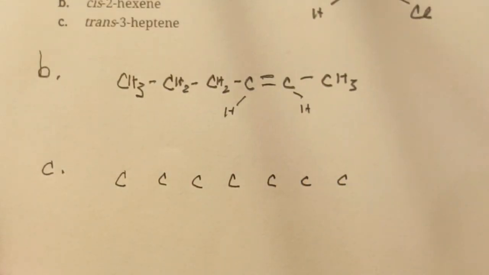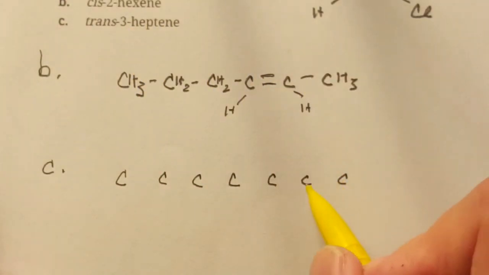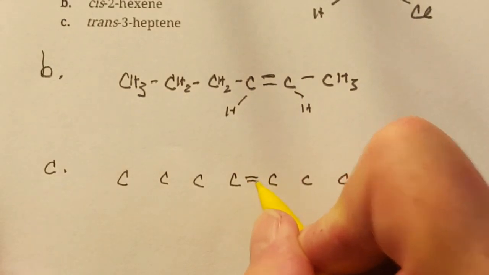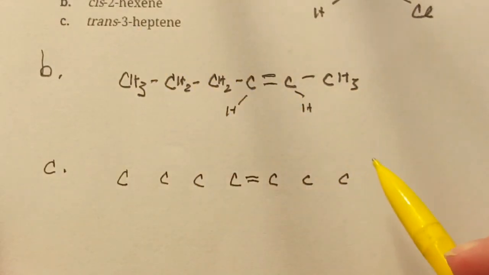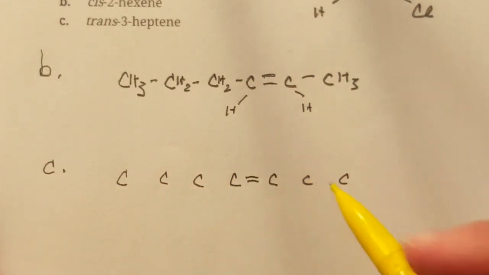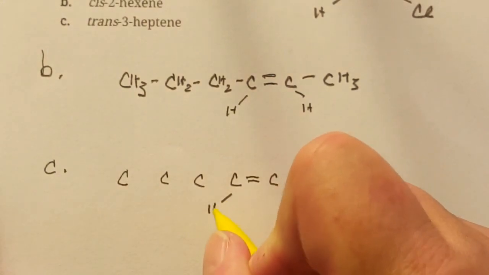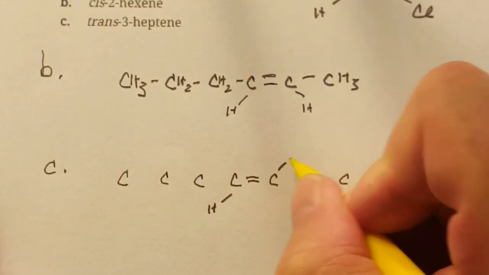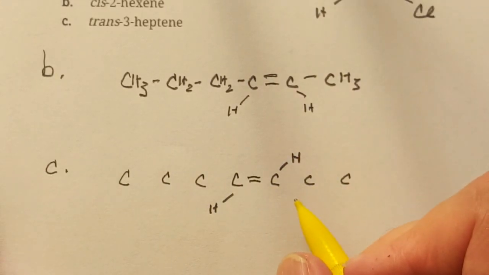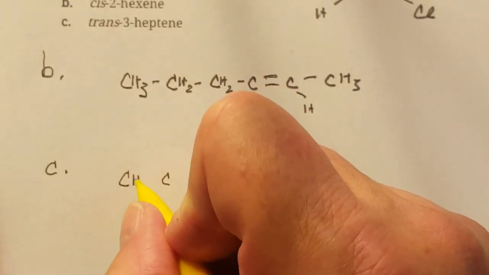Okay, and it's an ene starting at the 3rd carbon. 1, 2, 3. Double bond. It's trans, so the bulky groups are going to be on opposite sides. So let's put the hydrogens on opposite sides. That means these bulky groups will then be on opposite sides. So fill in the rest.